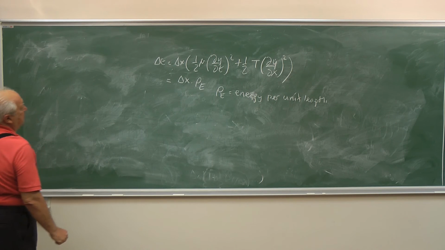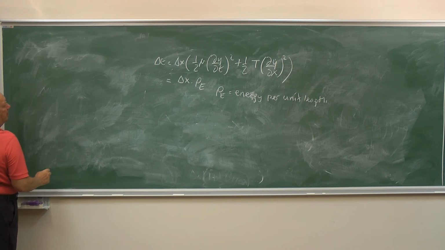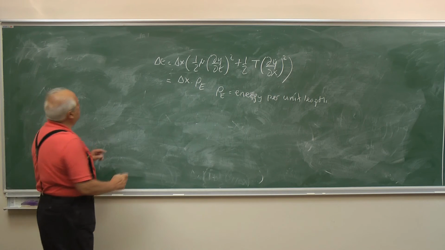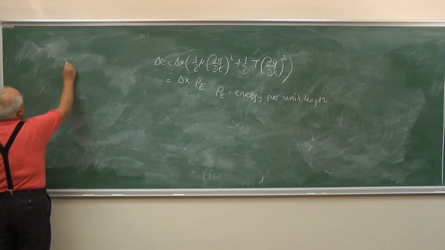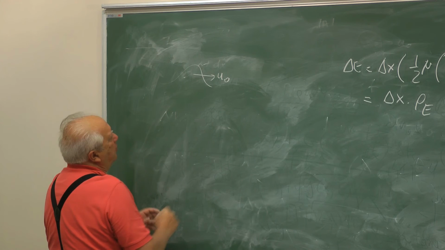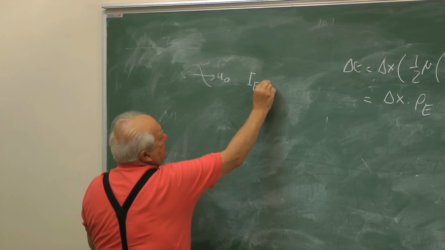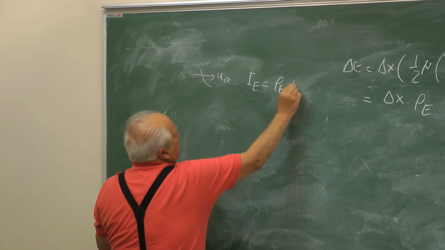Now, an interesting question is this. This is the energy density, but we have seen that there are waves traveling with u0 to the right or to the left. And therefore, we can define the current of energy as ρ_E times u0.